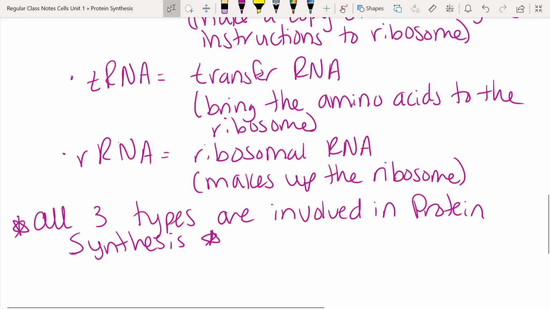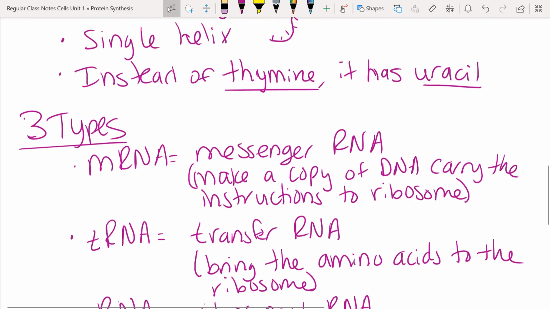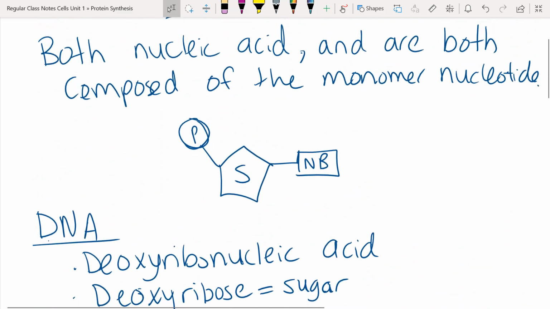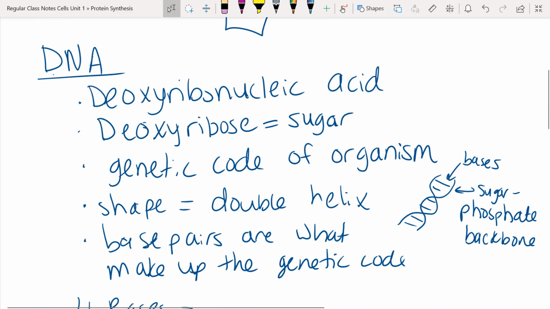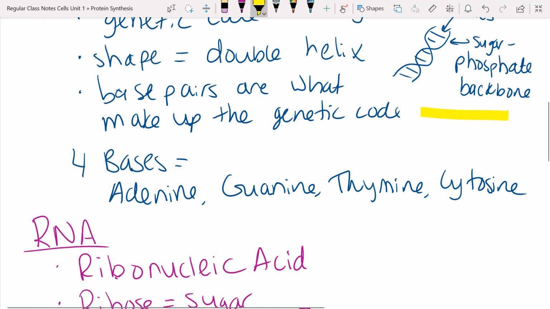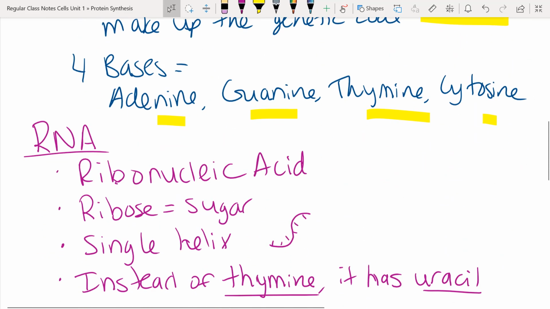Okay, so quick overview. We've got DNA and RNA are both nucleic acids. They're both made up of nucleotides. DNA, remember, is going to be a double-stranded molecule. It's going to contain the entire genetic code, right? Has 4 bases that are called adenine, guanine, thymine, and cytosine. RNA, on the other hand, is going to have the sugar ribose.